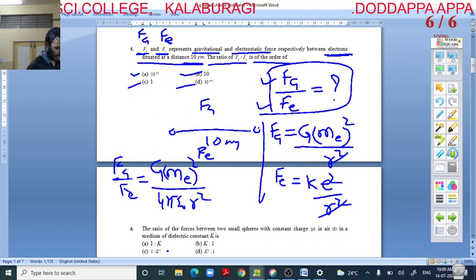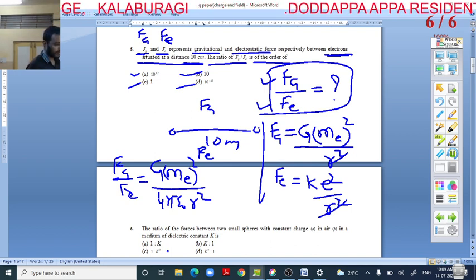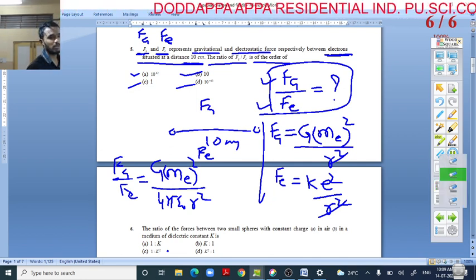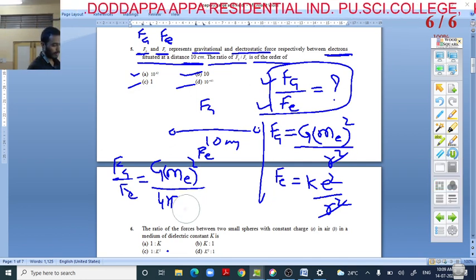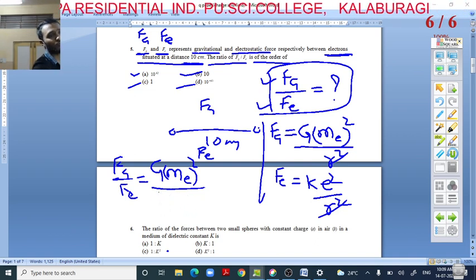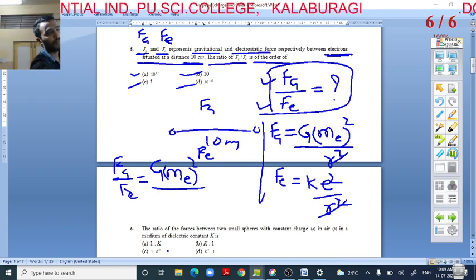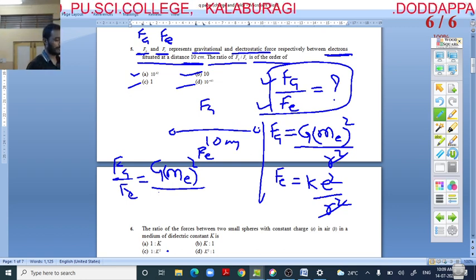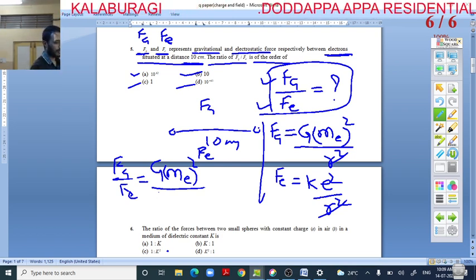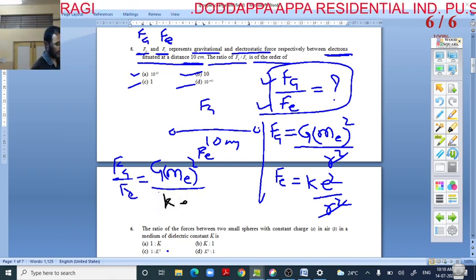Sorry, we have to remove this, that k will get cancelled, no? So it is not necessary. Right? Okay. See, G m e square we have done here, and the remaining k e square.